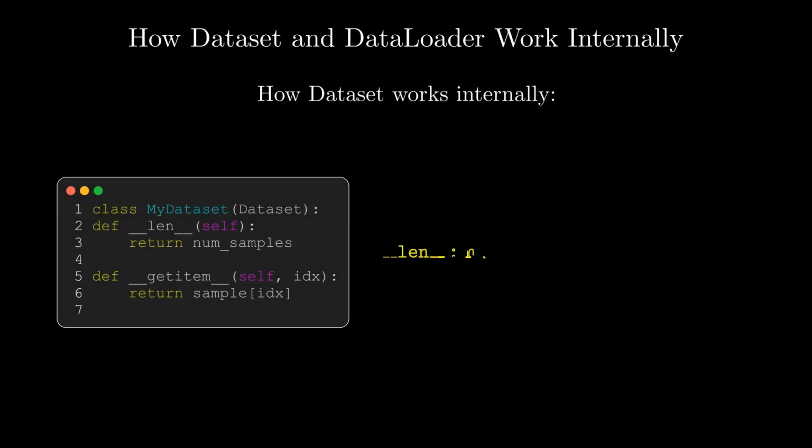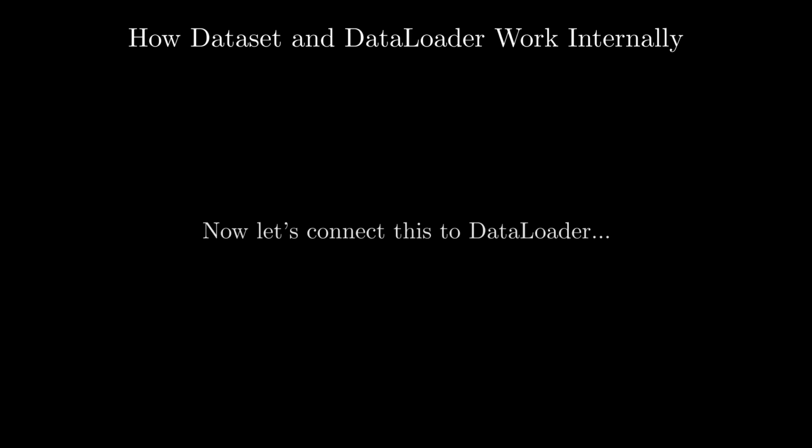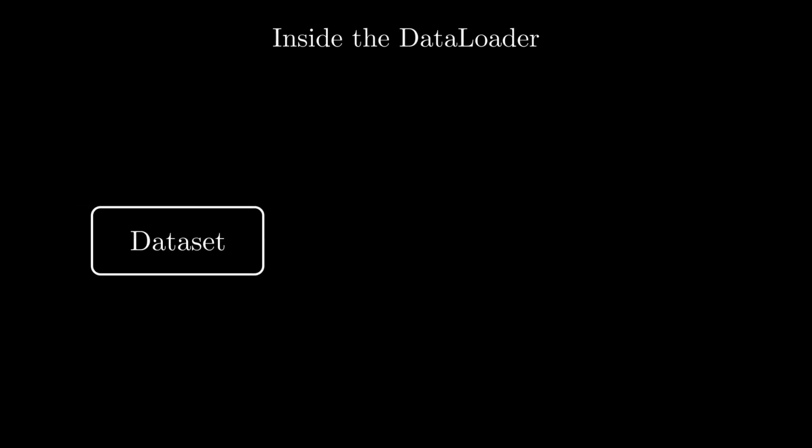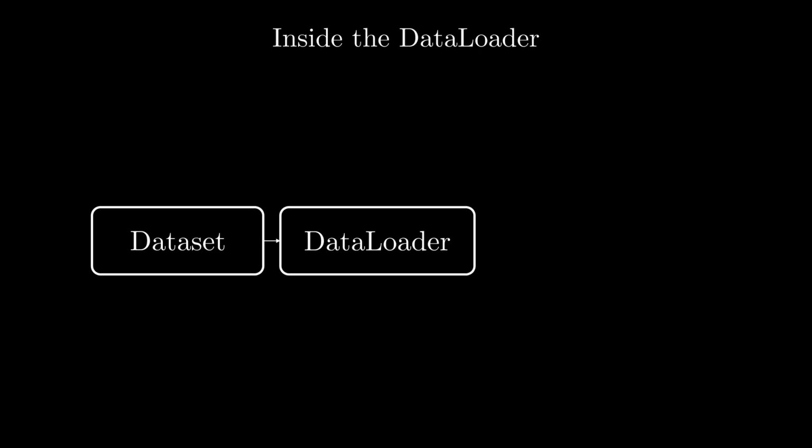Let's see how Dataset and DataLoader work internally. Dataset defines two functions, __len__ and __getitem__. Length tells us how many samples are available. GetItem provides the utility to fetch one sample. On the other hand, DataLoader wraps the dataset and helps you shuffle data every iteration or every epoch.